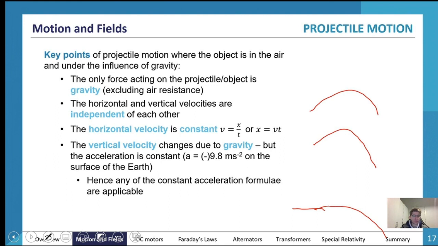So you have to ignore the effect of air resistance in your calculations because it gets complicated. But you do need to qualitatively interpret what air resistance does, what impact it has on the projectile.